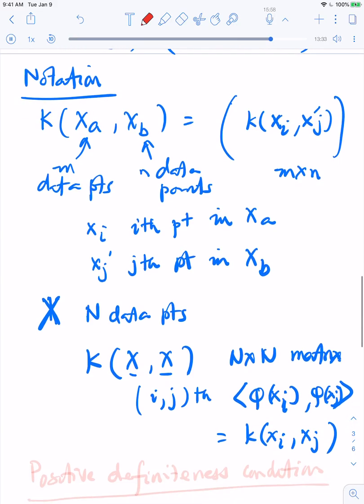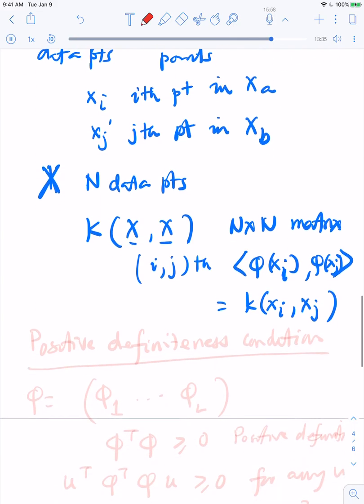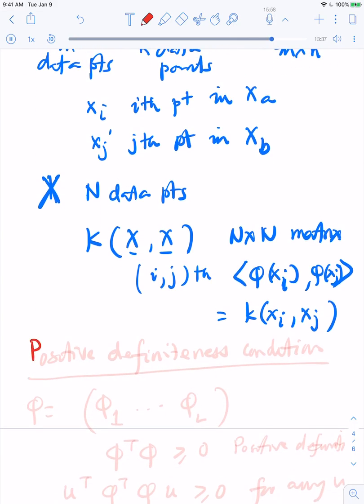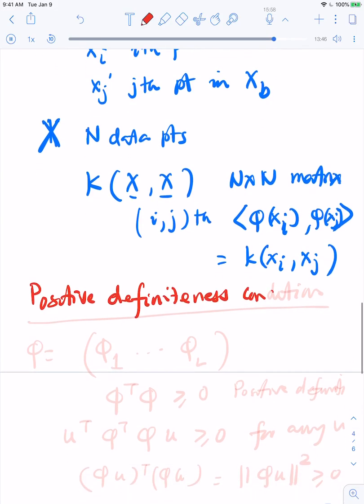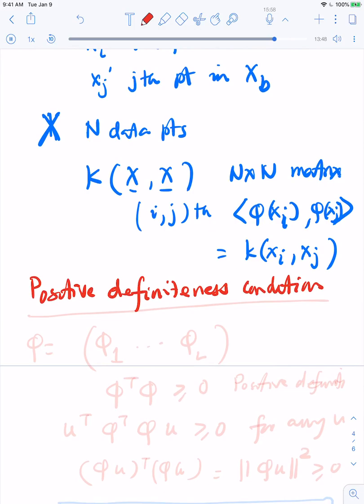And the last general observation about the kernel trick is the positive definiteness condition. Not any function of 2 data points is a legitimate kernel.